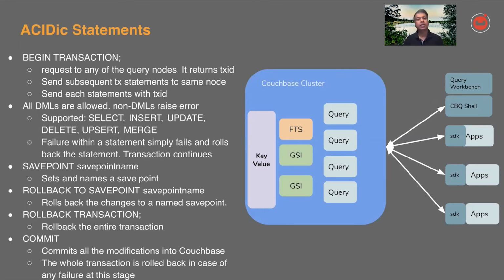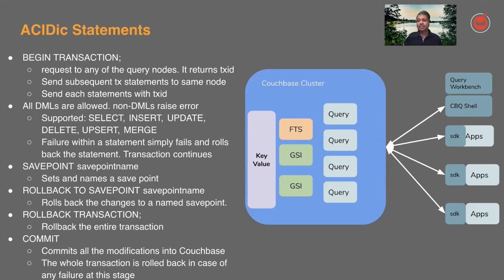Within the N1QL, as you saw, there are a lot of statements. Which of these statements are transactional? So begin transaction. When you send a begin transaction request to any of the query nodes, it returns a transaction ID.